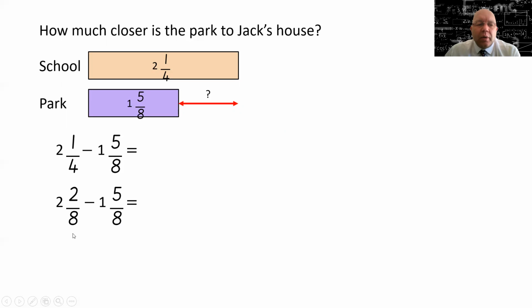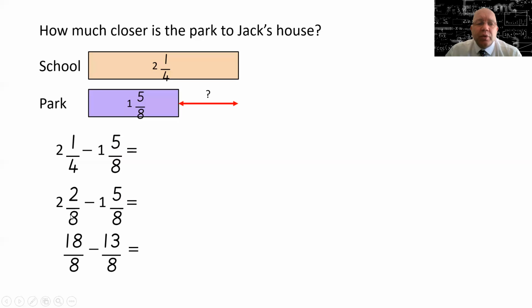Okay. Now, the problem here you'll see is if we do 2 take away 1, then 2/8 take away 5/8, we can't actually do that. We're crossing whole ones. So this is where it gets a little bit trickier. So what I would suggest, and what works all the time, is converting to improper fractions.